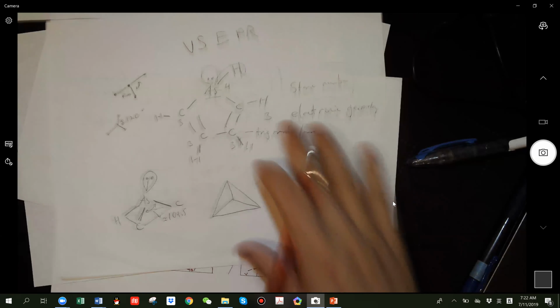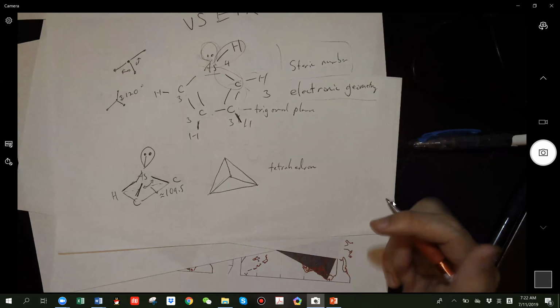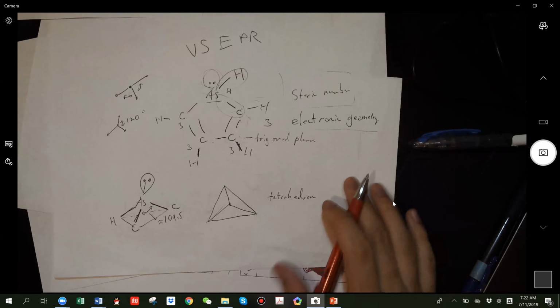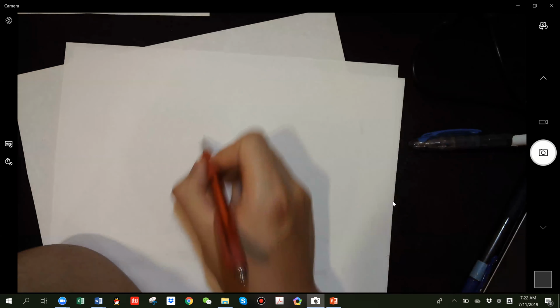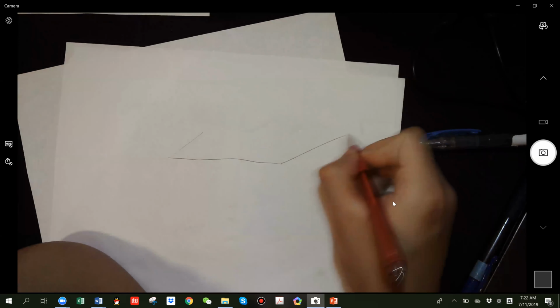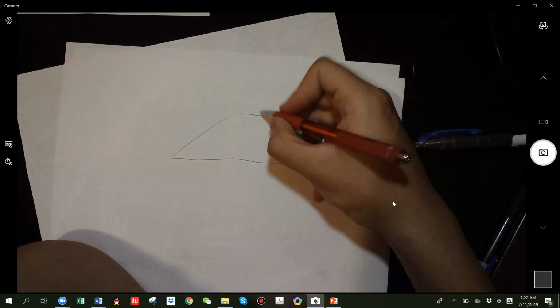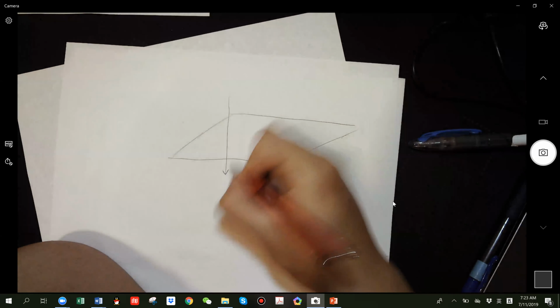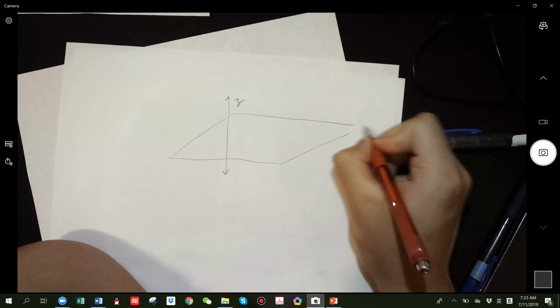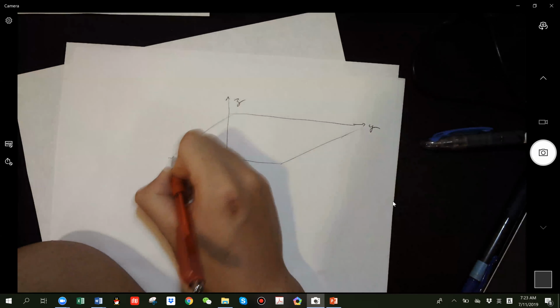So now let's try to do a perspective drawing of this. Let me see if I can do a drawing of this. Chemistry does require some art skills. So let's see. Imagine we have a plane. So this is our plane. And then you can imagine the z-axis here. I'll let this be the y and this can be the x.